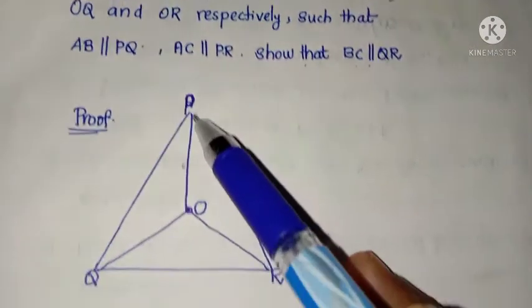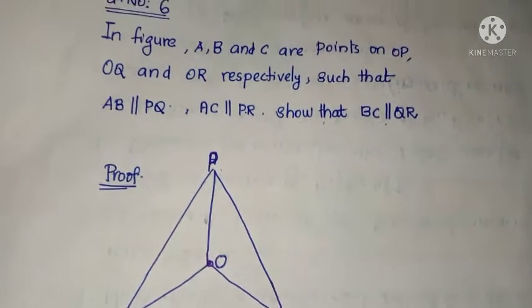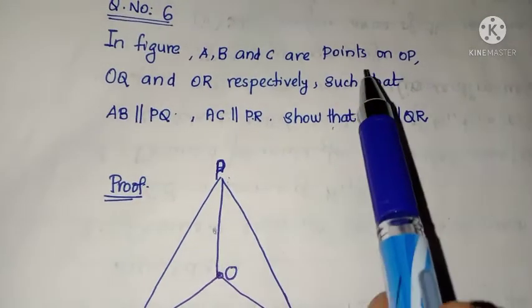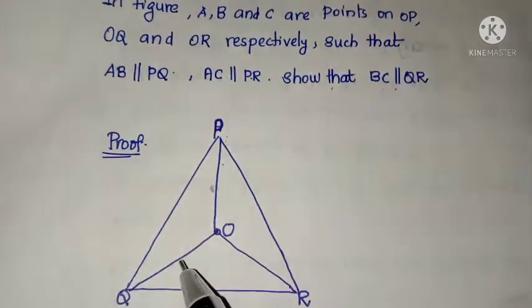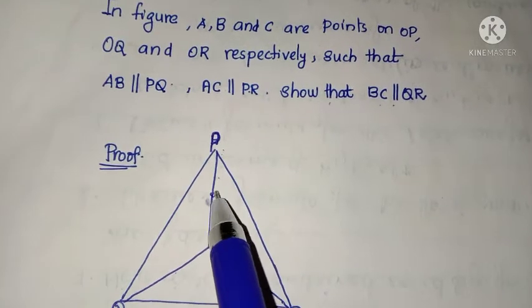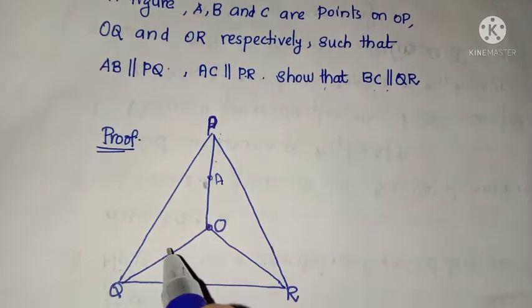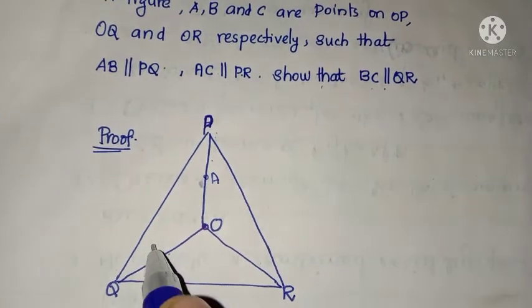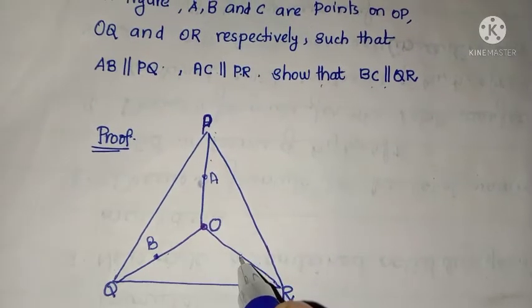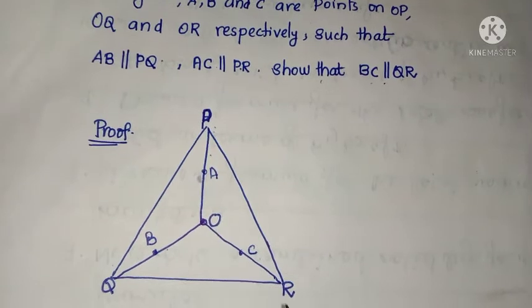So listen, PQR is a triangle that is given. A is a point on OP, B is a point on OQ, C is a point on OR.